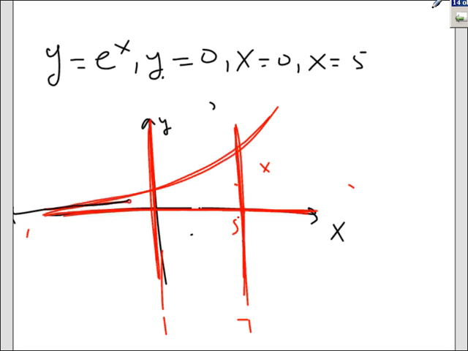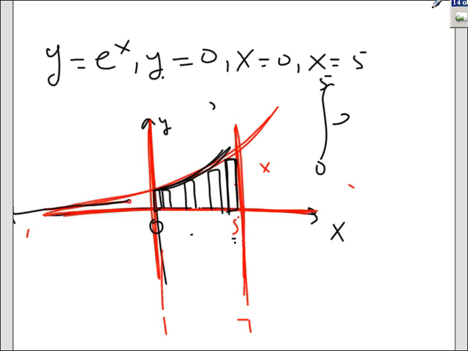Okay, so let's integrate. It's the integral from 0 to 5. That is, if you're going to draw the rectangles, you start where x is 0, and you finish where x is 5. And it's the top of the rectangle, which is e to the x, minus the bottom of the rectangle, which is 0, y is 0. e to the x minus 0 is just e to the x dx.